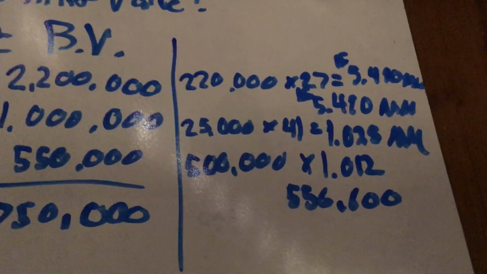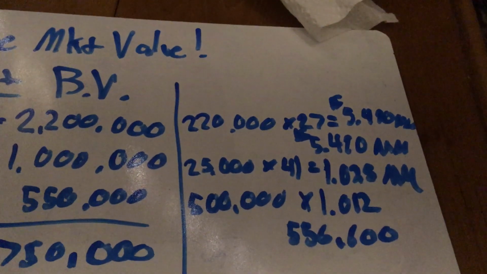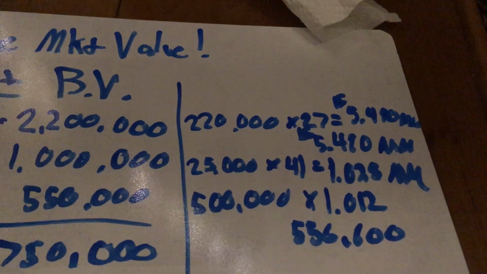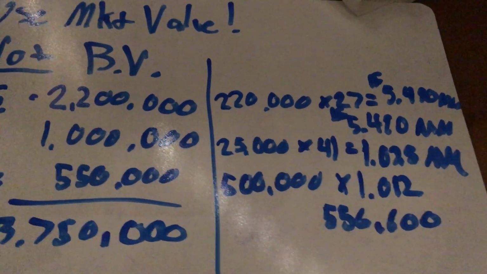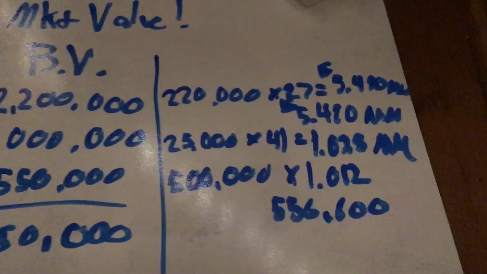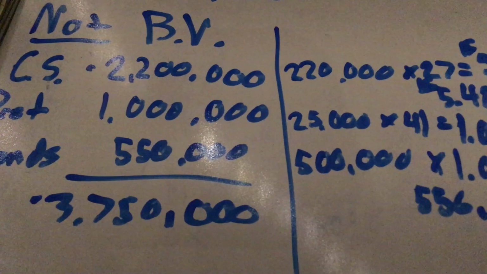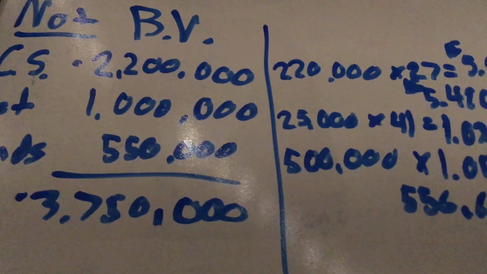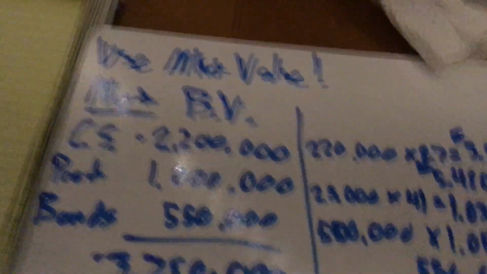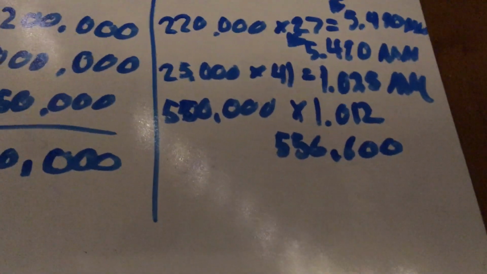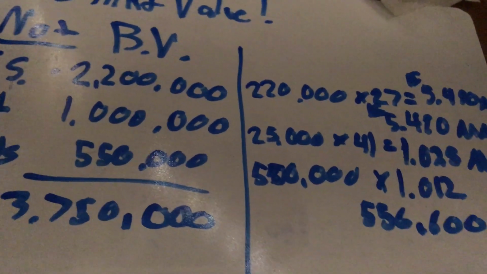So just to reiterate, for the common stock, we took the number of shares outstanding times the market price per share, which is $27, to get 5.940 million. For the preferred stock, we had 25,000 shares times the share price of $41, resulting in 1.025 million. And for the bonds, we took the total bond issue of 550,000 times the percentage. That can either be a premium or a discount.